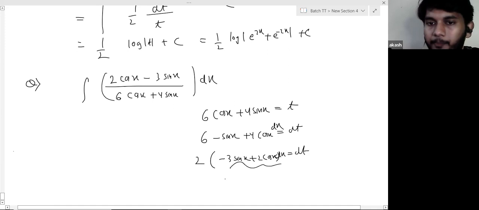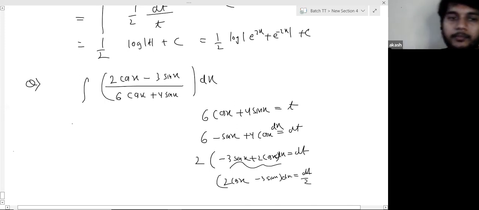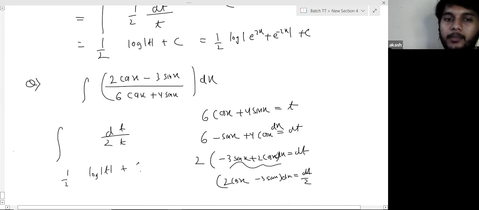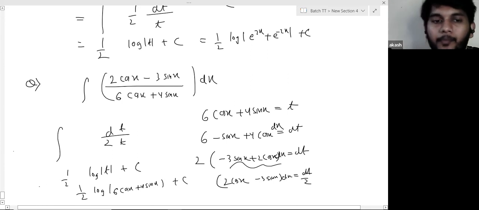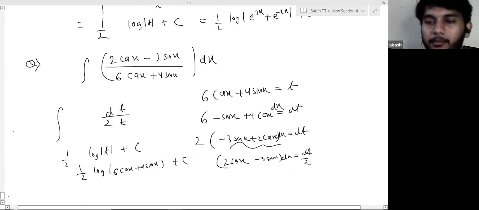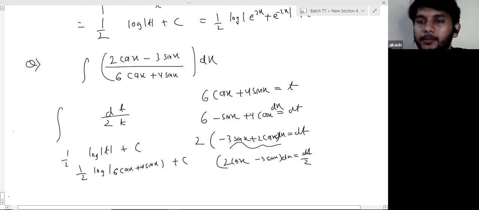This is the numerator. Just replace the value. This whole thing is dt by 2 and this is t. So half log mod t plus c, half log of 6 cos x plus 4 sin x plus c. All right. Jiva, Ryan, Imad, this thing is clear?